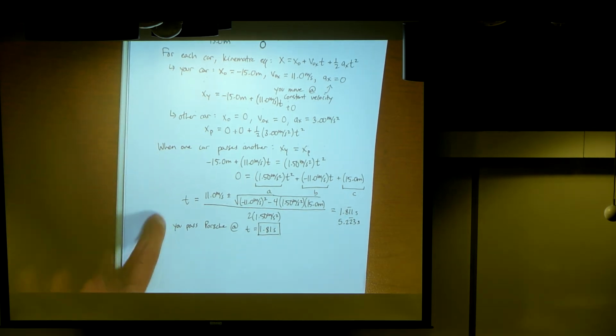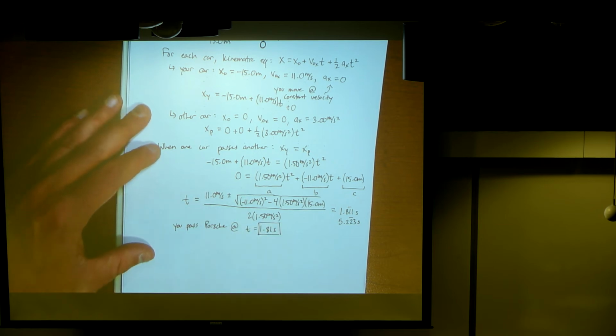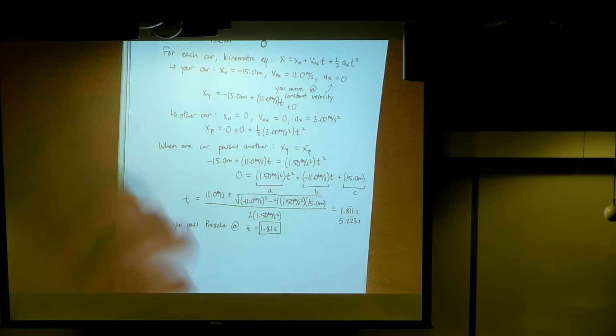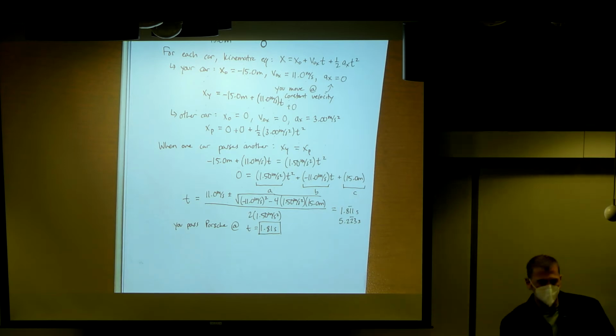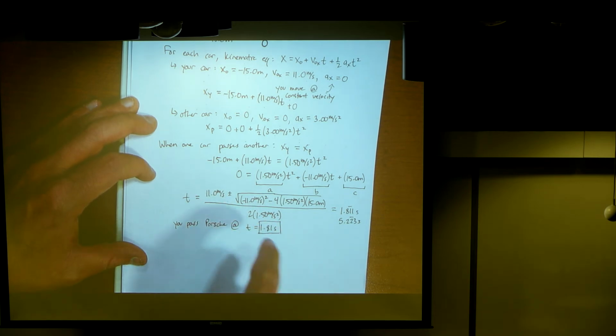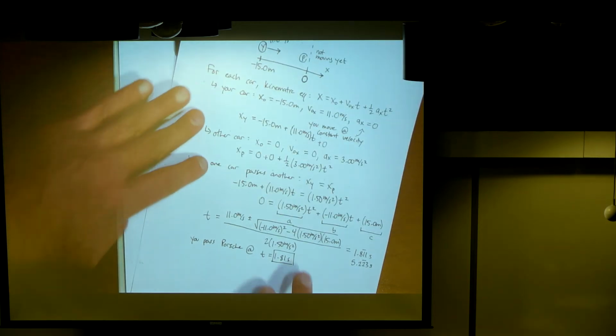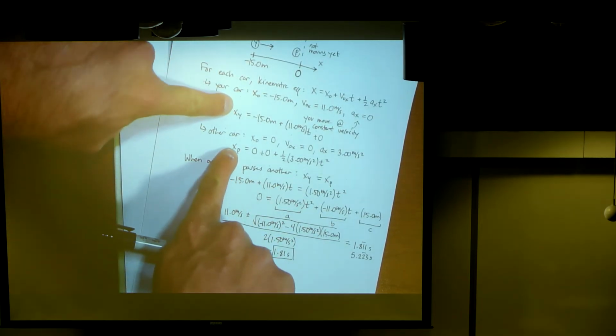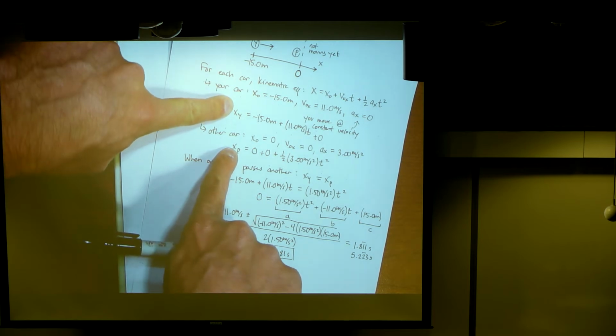And then the other question associated with this is, where are you? In other words, how far from the stoplight are you when that happens? So we can plug this time, just like before, into either one of these expressions. It doesn't matter which one we choose. We'll get the same result.